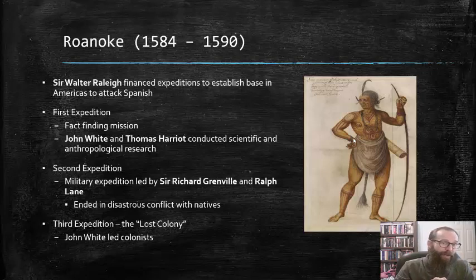But White had a hard time returning to Roanoke. In the interim, in 1588, the Spanish had launched a huge armada of well over 100 ships to sail north and attack and attempt to conquer the English Isles.